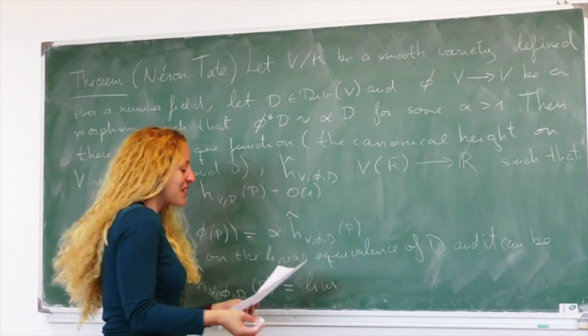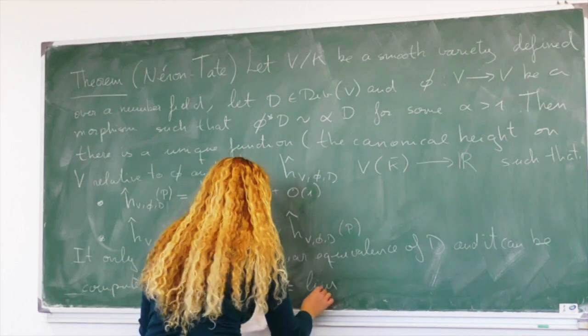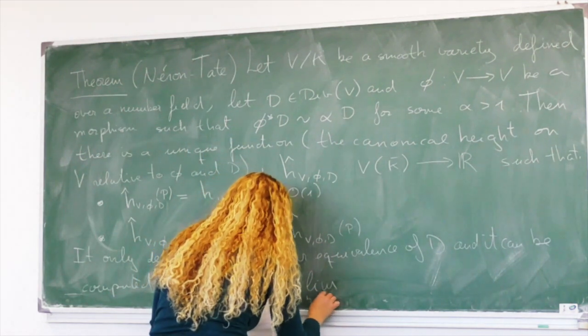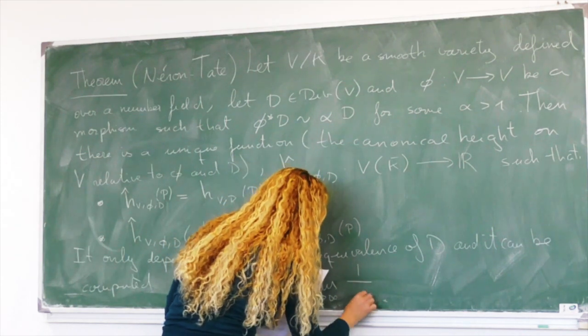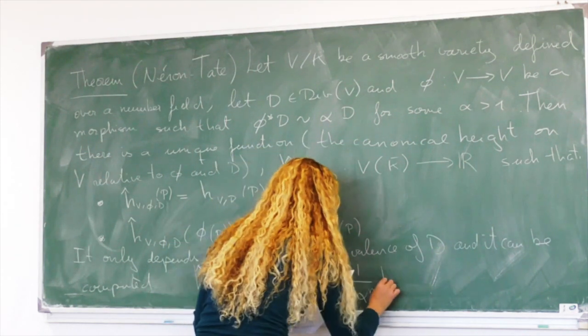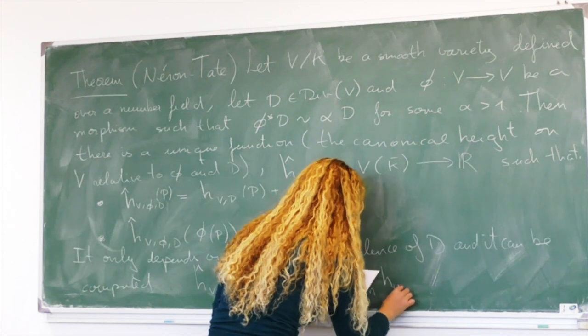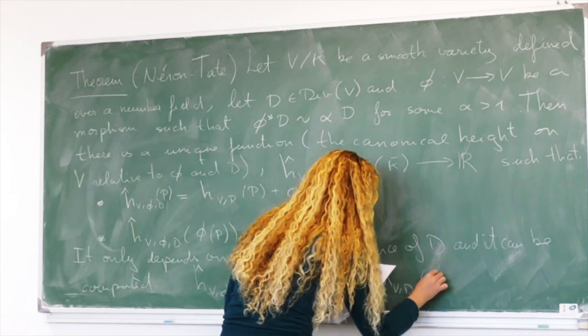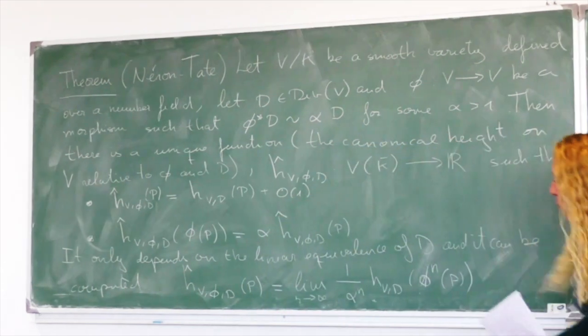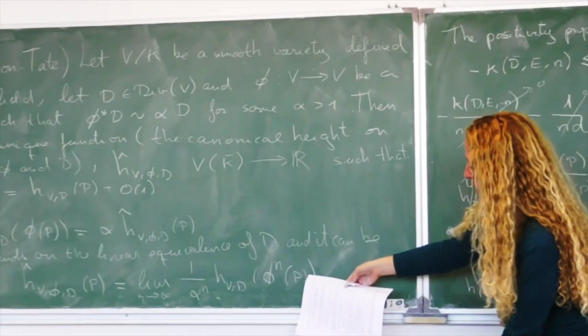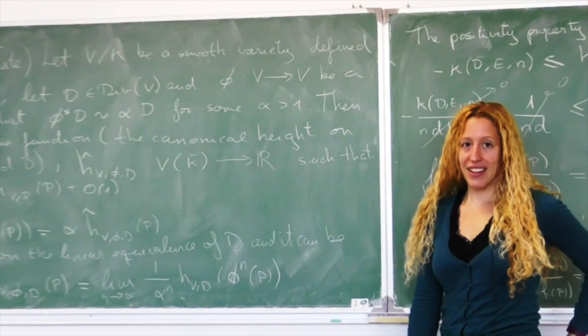So what you compute is an approximation. The limit, when n goes to infinity, of 1 divided by alpha to the n, times the height associated to D of the image of the point iterated n times.